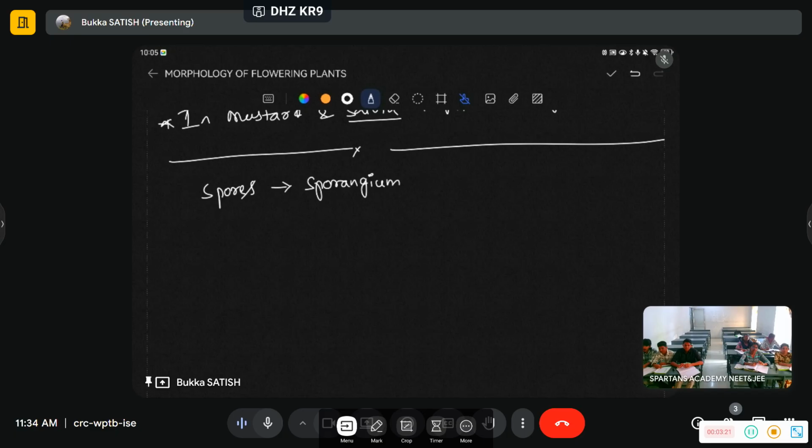Plural is sporangia. Sporangia are present in the modified leaves called sporophylls. So if it is microspores, microsporangia, microsporophyll. If it is mega, this is the order, right? So spores are produced inside the chambers called sporangium. Sporangia are associated with the sporophylls, modified leaves. That's what I've shown there.